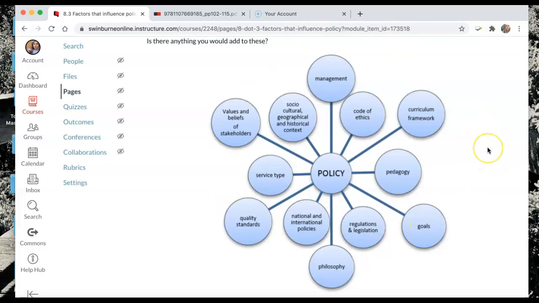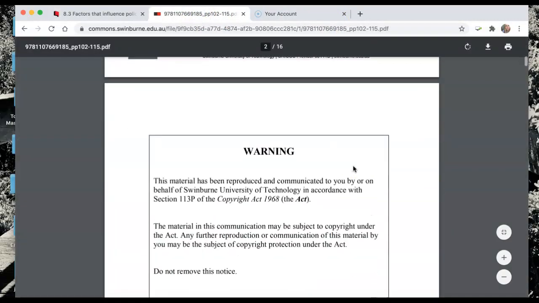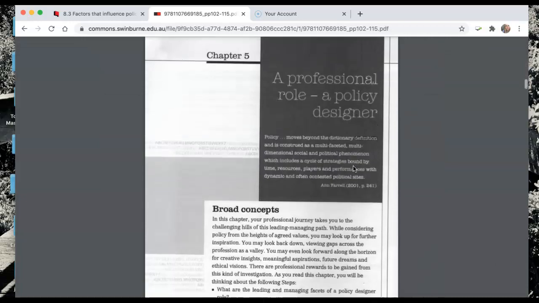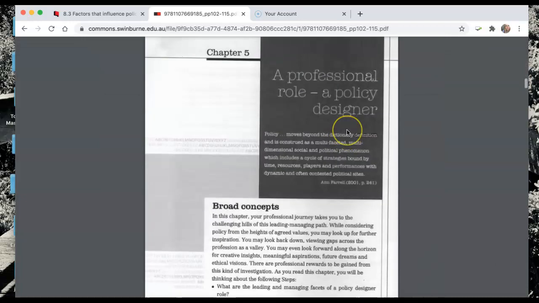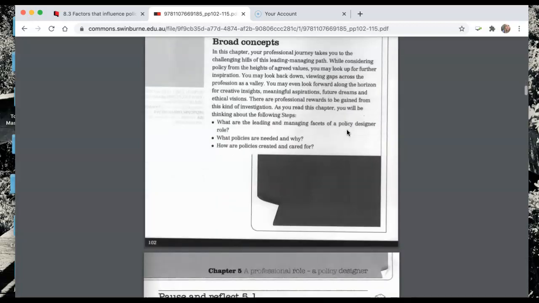Now, obviously, policy is going to be very broad, and we are thinking about one specific policy, but we are learning about a range of policies within week 8. So to begin with, we are given our reading, which is chapter 5 here, talking about the professional role of policy design.